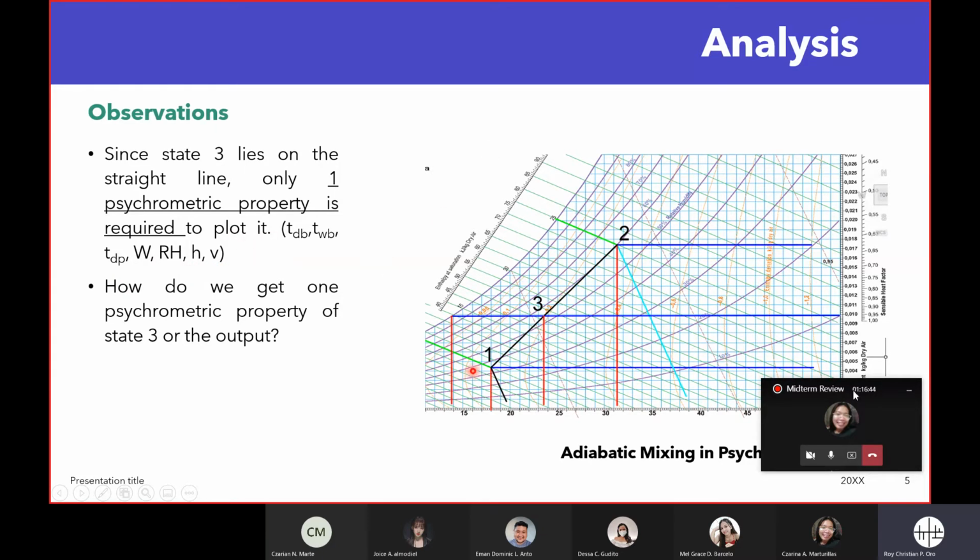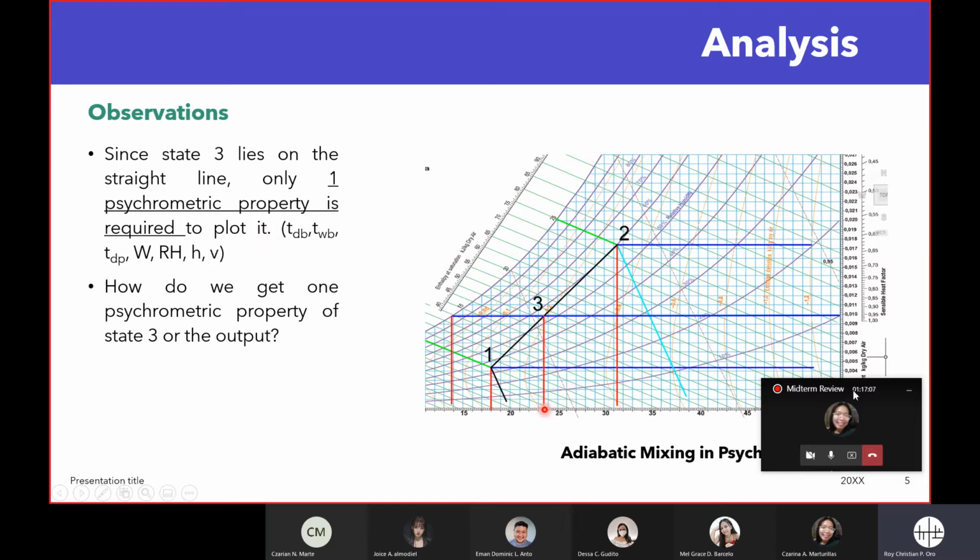What does this mean? When you are solving for the properties of state 3, to get all its necessary properties, you must be able to plot it on the chart. Let's say you don't know where state 3 is, whether it is here or here. How will we know that? You just need to find one of those properties.